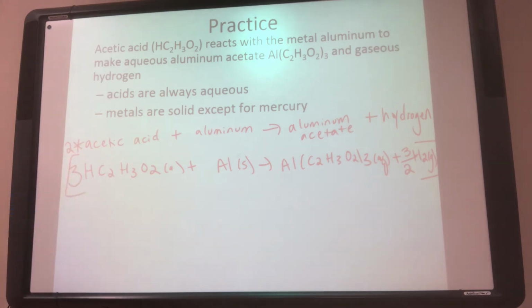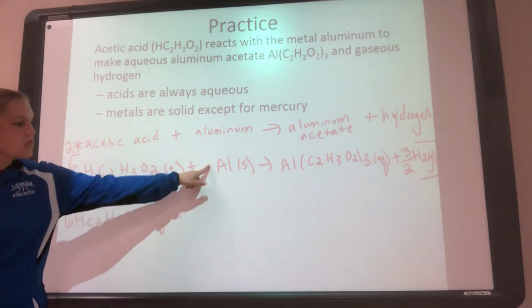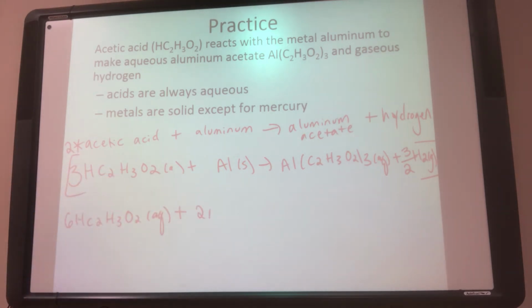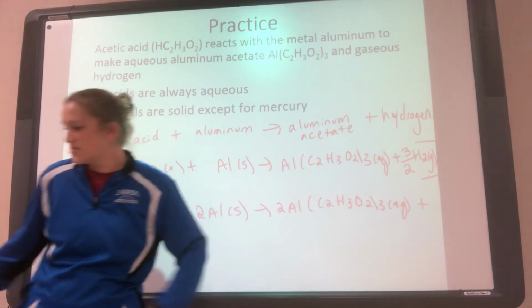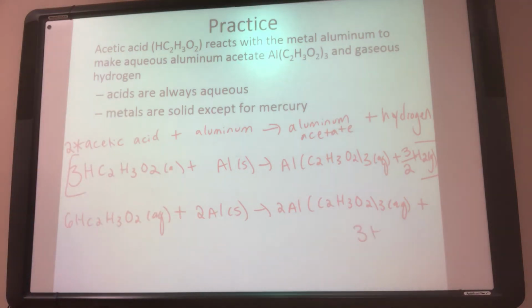So 2 times 3 gives me 6 acetic acids. 2 times 1 gives me 2 aluminums. 2 times 1 gives me 2 aluminum acetates. And 2 times 3 halves gives me 3 hydrogens.